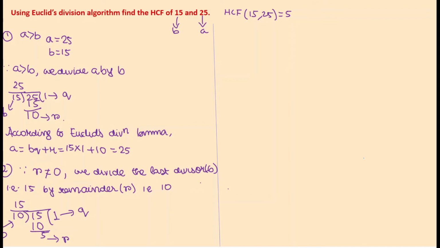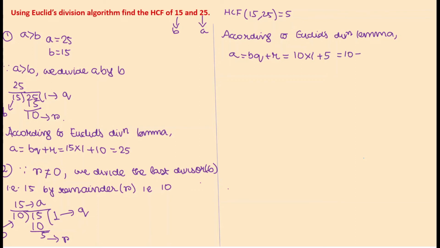Using the latest values of B, Q, R and the dividend A, you apply Euclid's division lemma. We write A equals BQ plus R, that is, B is 10, quotient is 1 and remainder is 5.